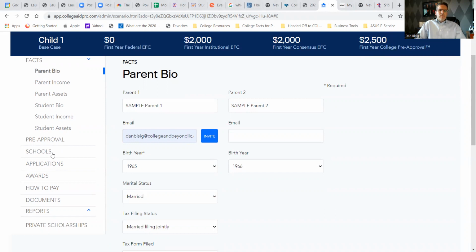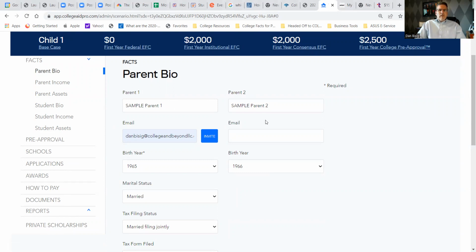Then you put in the schools, which I've already loaded some schools into this demonstration for you. You also have the ability to look at the application deadlines, the kinds of financial aid or merit-based awards that you receive. You can plug that in here. Also, we're going to spend time in this how to pay. And then finally, at the bottom is going to be this private scholarship search tool.